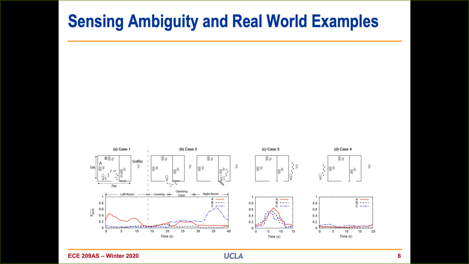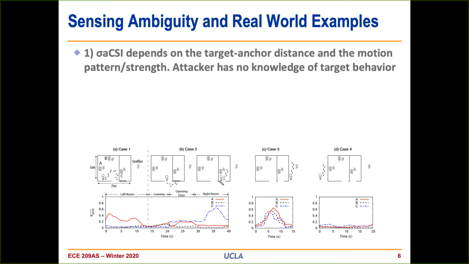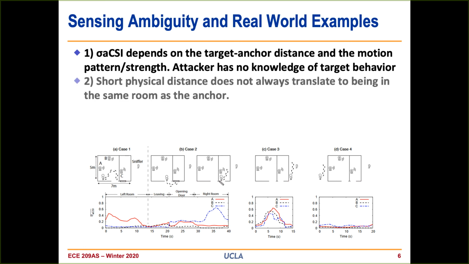So in terms of sensing ambiguity, there are a couple of things to consider. One, these sigma values depend on the target anchor distance and the motion pattern or strength, and the attacker has no knowledge of the target behavior. And two, short physical distance does not always translate to being in the same room as the anchor. Now, a bunch of real-world test cases were performed, and measurements were collected for one target staying in a single room.